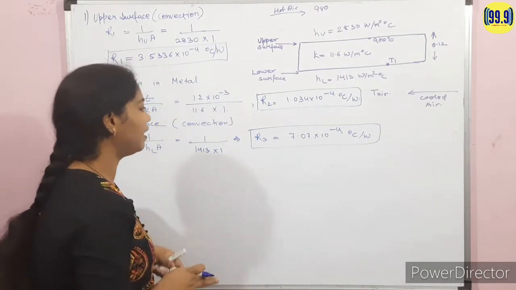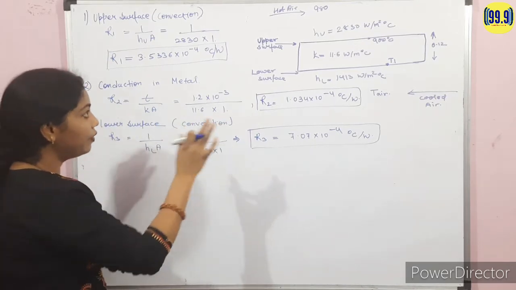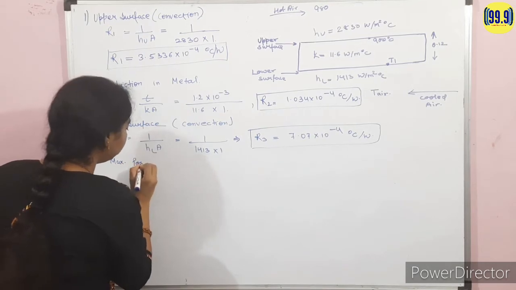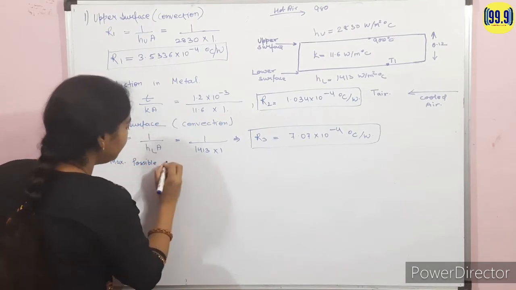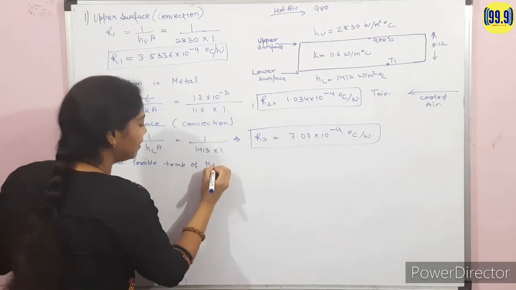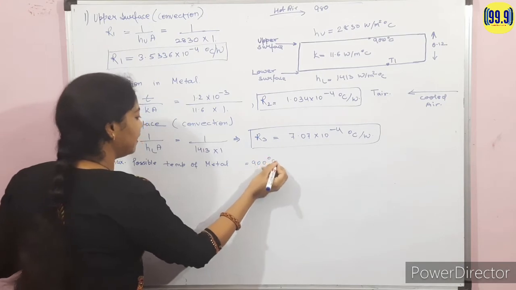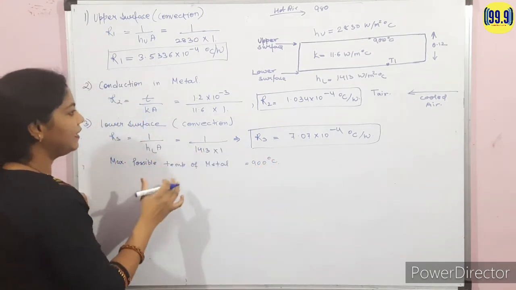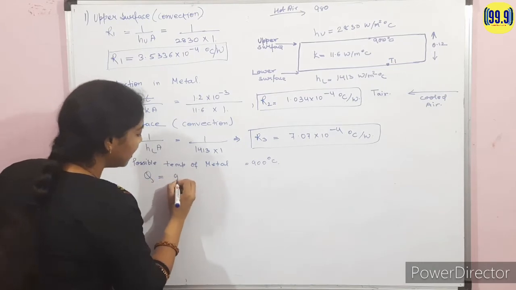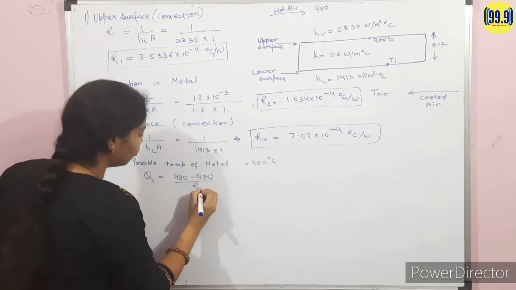Now we are going to calculate the heat transfer rate. Before that, we know that the maximum possible temperature of the metal will be 900 degrees centigrade. So for calculating the rate of heat transfer, Q is equal to 980 minus 900 upon R1.